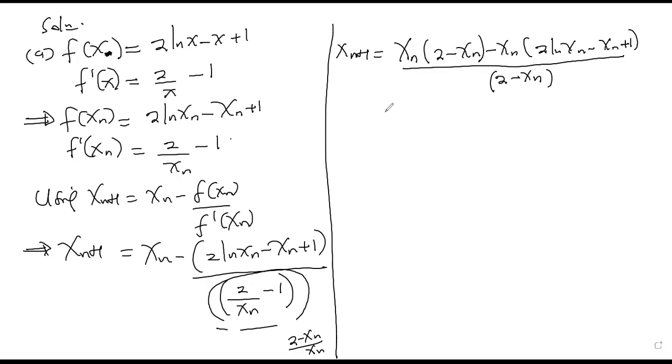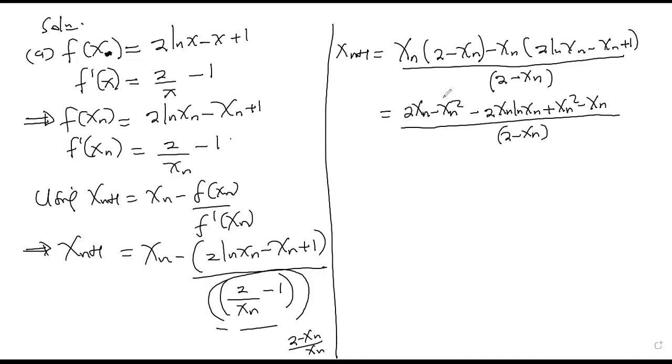So when you expand that, you're going to get 2xn minus xn squared minus 2xn ln xn plus xn squared minus xn, everything divided by 2 minus xn.